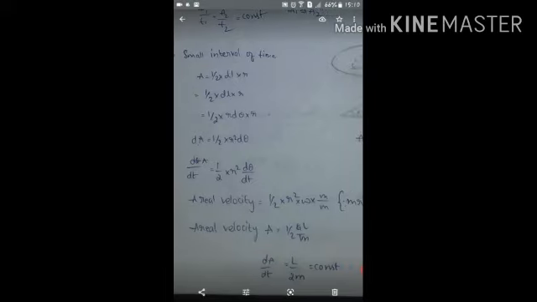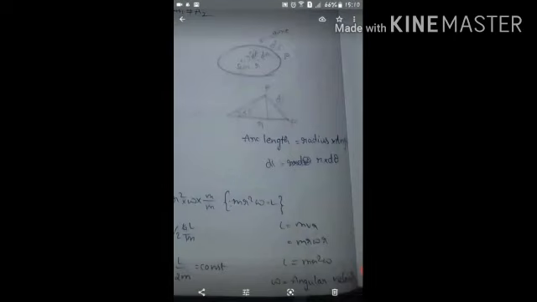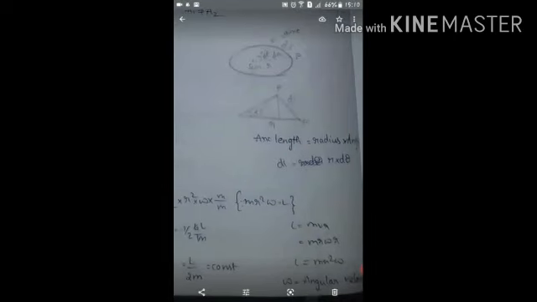Here areal velocity is equal to half into r squared omega. We know that L is equal to m v, and v is equal to r omega, so L is equal to m r into r omega, that is, L is equal to m r squared omega.